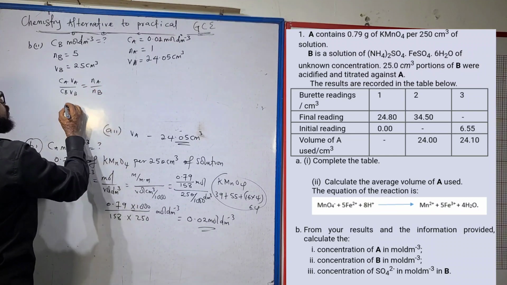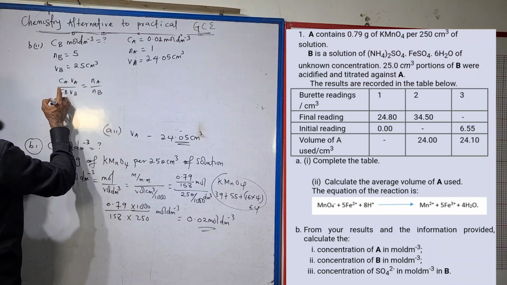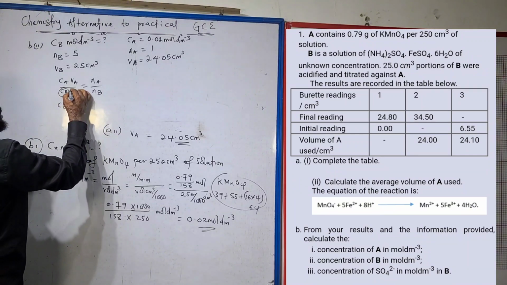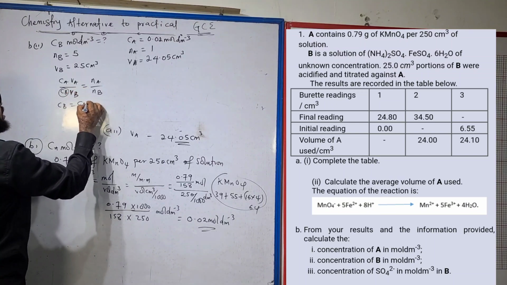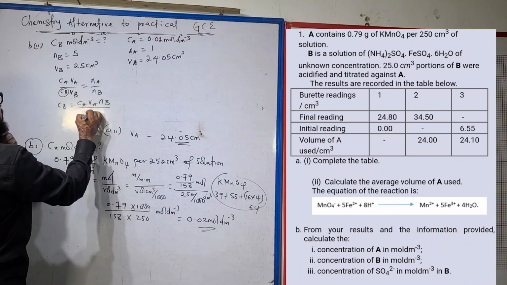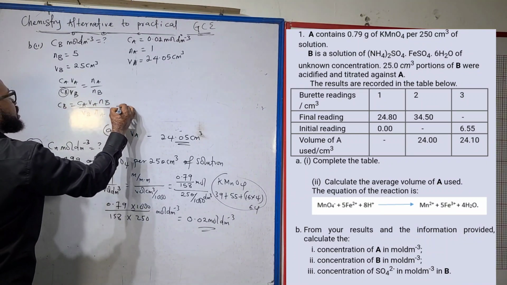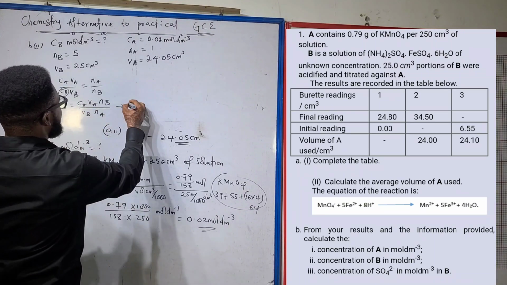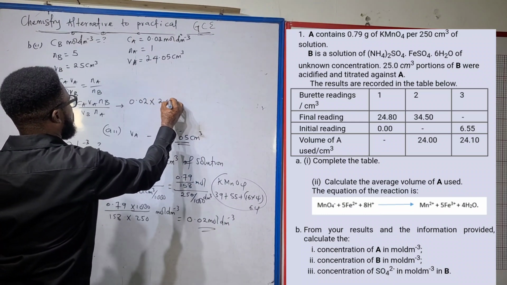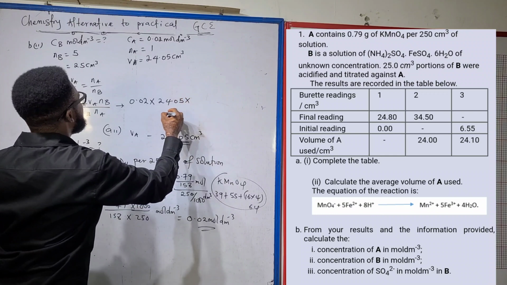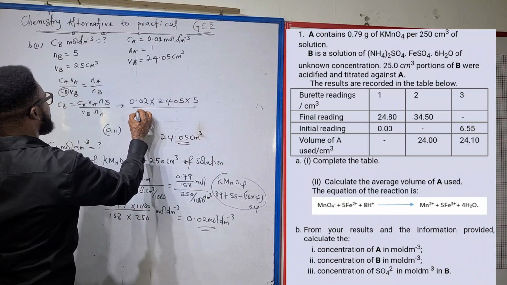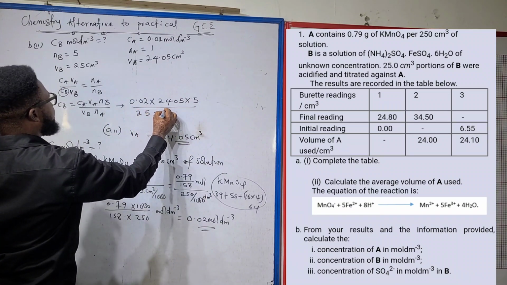Making Cb the subject, this now means Cb equals CaVaNb divided by VbNa. If we compute this, Ca is 0.02 times Va is 24.05, Nb is 5, Vb is 25, Na is 1.